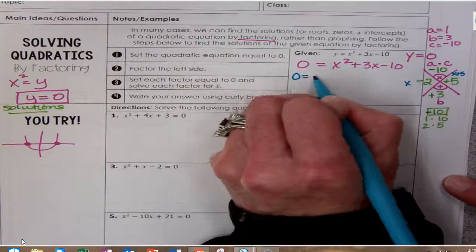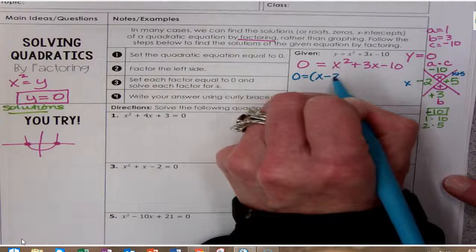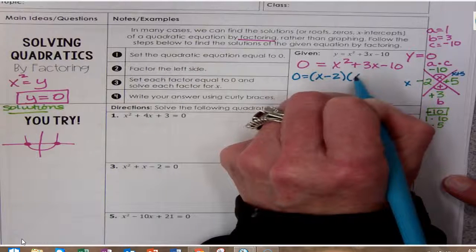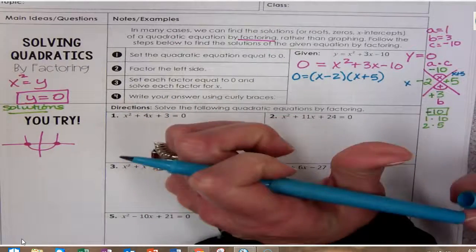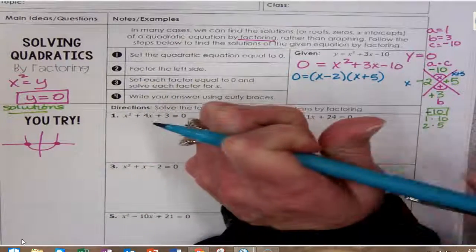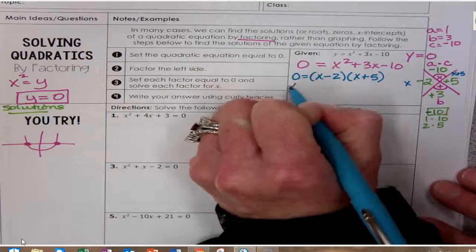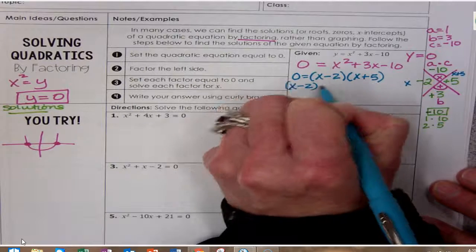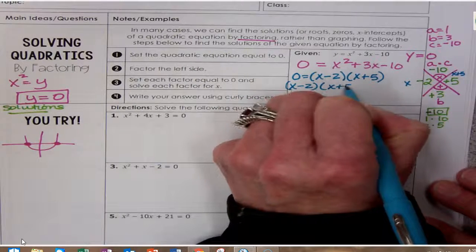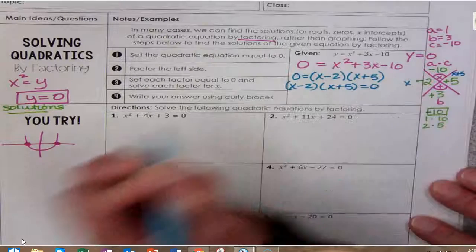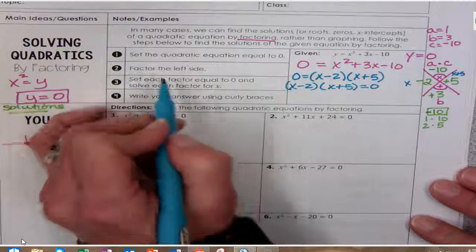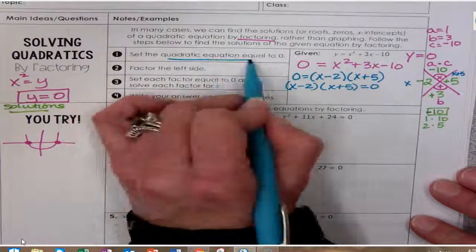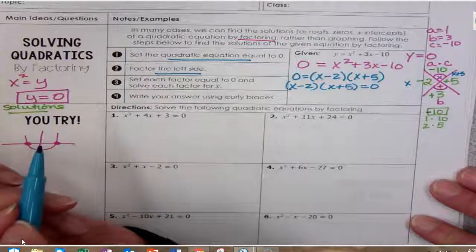So 0 is going to equal x minus 2, x plus 5. Now, does it matter that my 0 is on that side? No. I can also write this x minus 2, x plus 5 equals 0. These are the same. Okay? So now I've set the equation equal to 0. I've factored my left side.